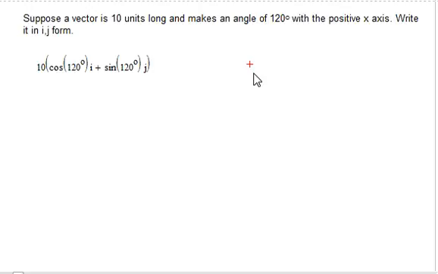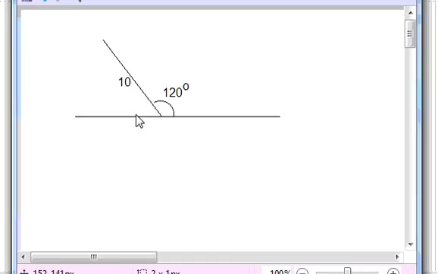First of all, it's in the second quadrant where cosine is negative. Second of all, the reference angle is a 60-degree reference angle. It's this one, right? And so this would be negative cosine of 60 degrees.